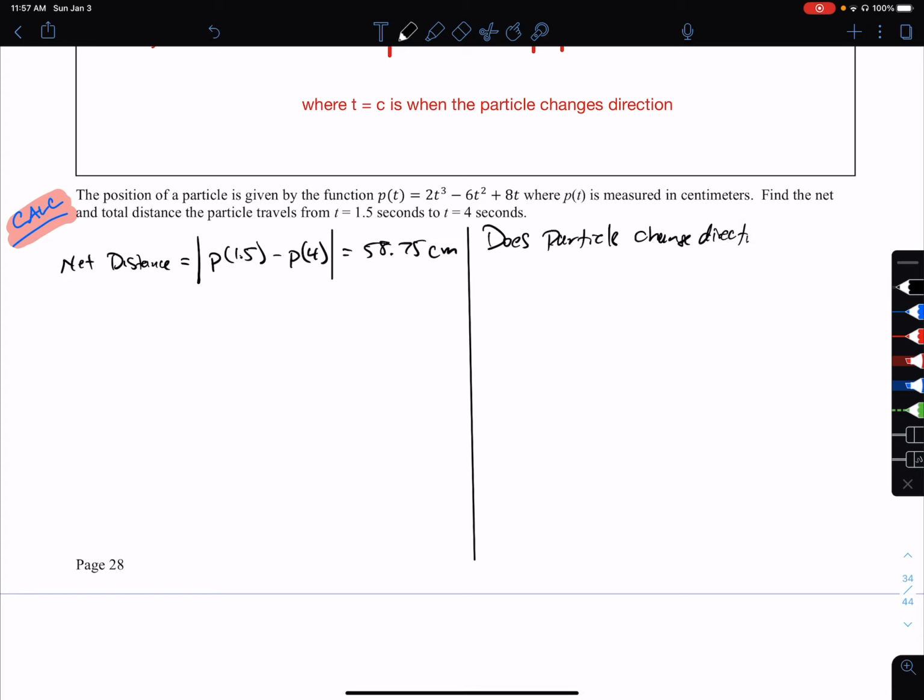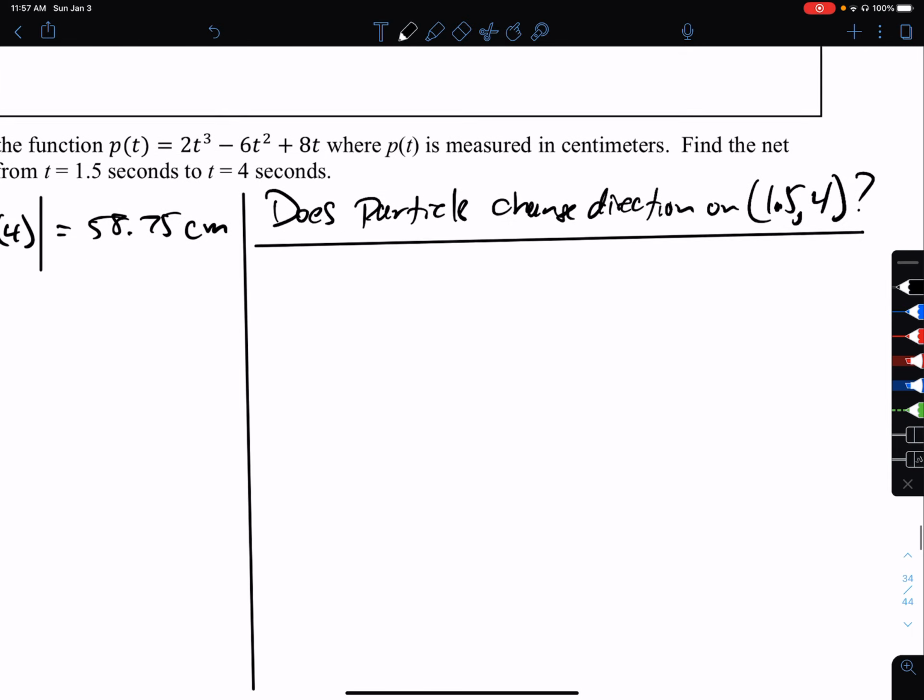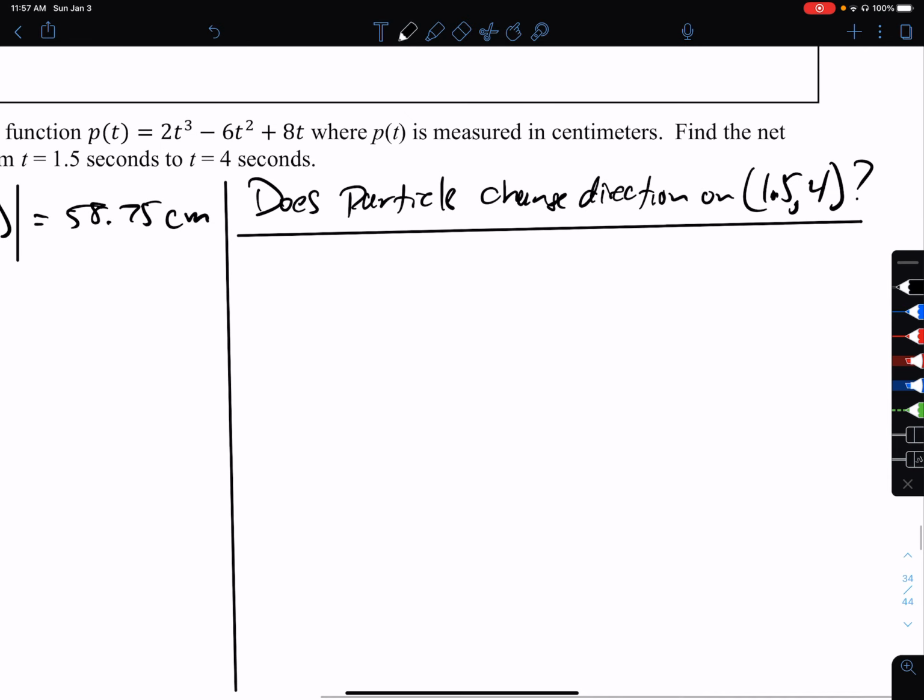Specifically, does it change direction on the interval 1.5 to 4? To do that, we've got to figure out if the velocity changes signs. So we're going to have to make a sign diagram for velocity.